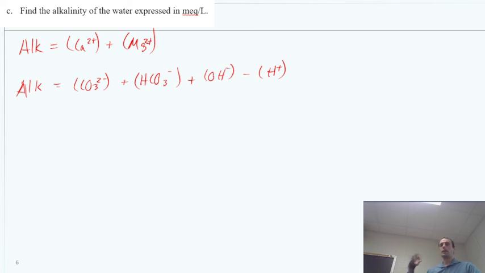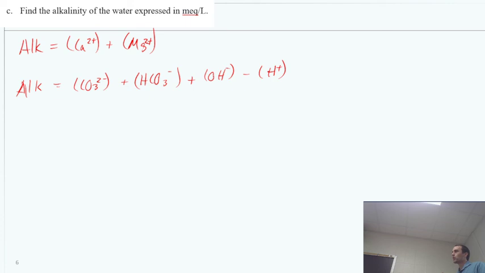So some of you were taking that form and were working with the OH minus and the H plus to see what you could do with that. And essentially what's going on here is we're achieving some sort of charge balance with these different species within the carbonate system.